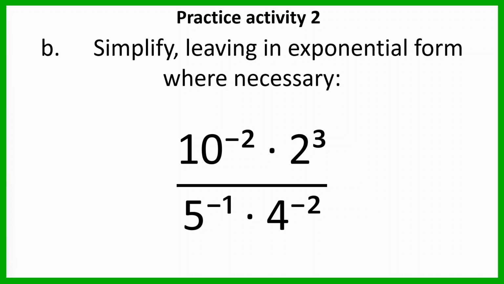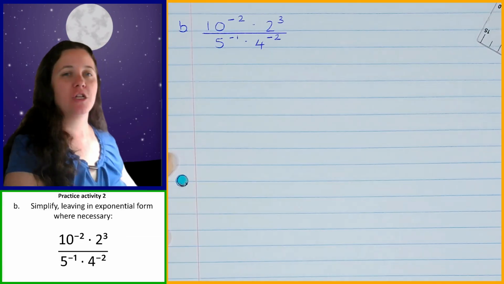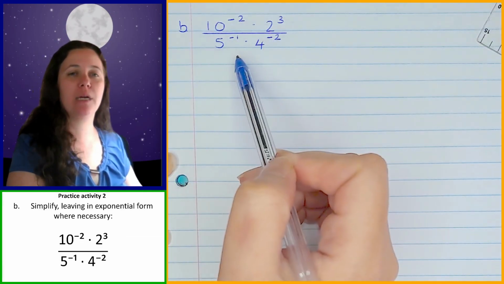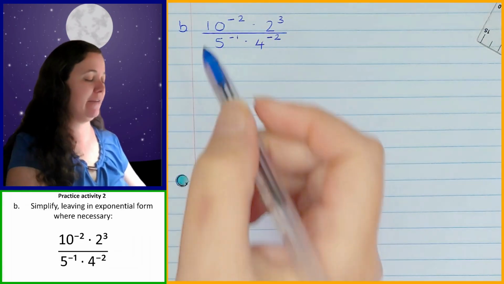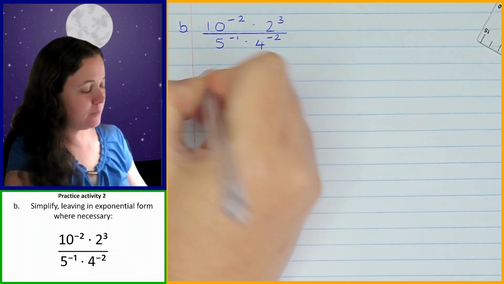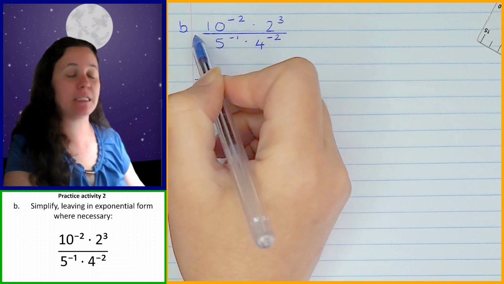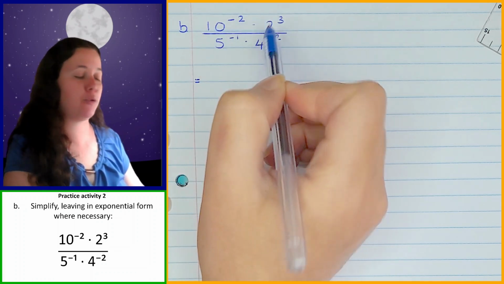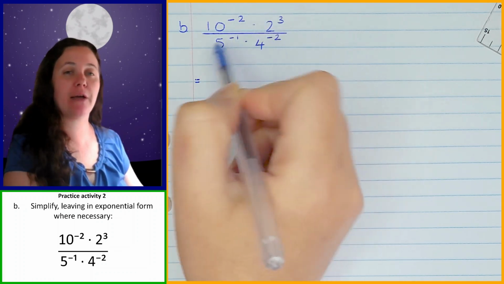Okay, so let's go through that question and see what you should have got. So first of all, just like in the previous one, I'm going to move anything that has a negative exponent so that they all become positive. Okay, so over here, I've got 10 to the power of negative 2 that has to move. The 2 cubed is going to stay where it is, and both of these are going to have to move.